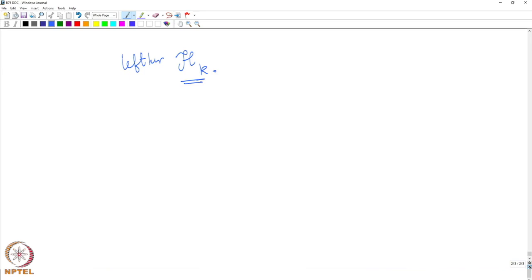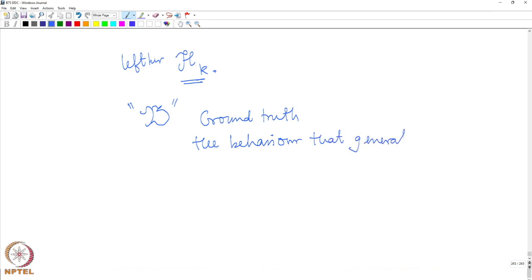But that is not the question. The question is as follows. Suppose that there was an underlying behavior B, the ground truth, that generated this data W, and I want to identify this B. So, my goal is not just to find an MPUM that explains the data, but rather to find the B that I am guessing has generated this data.